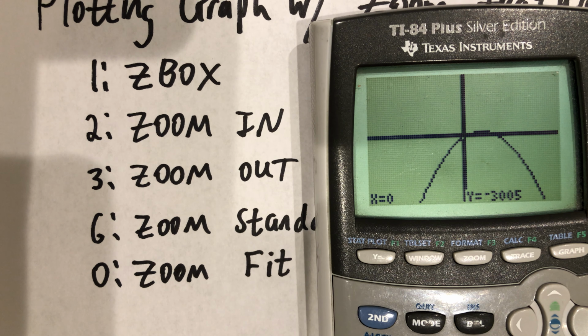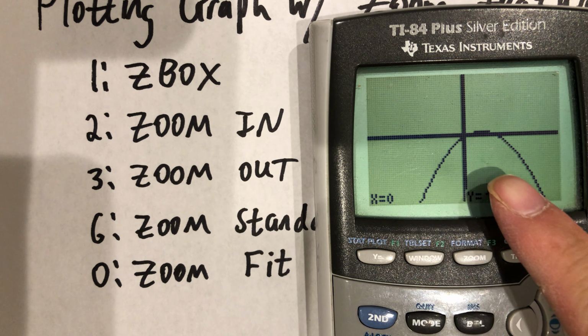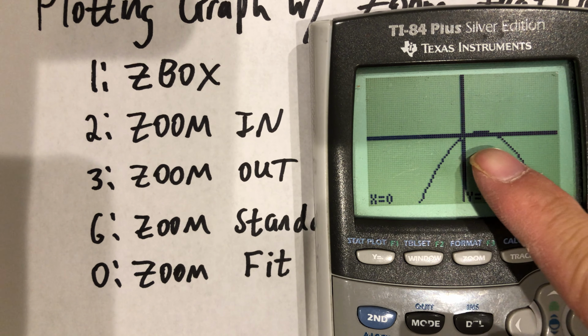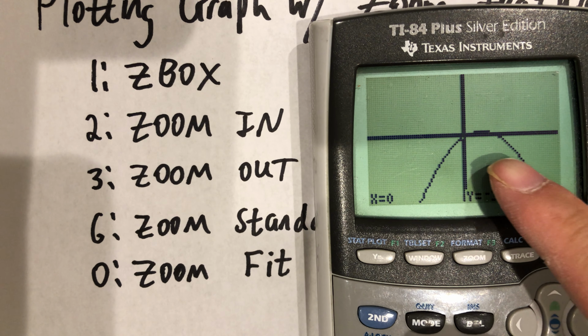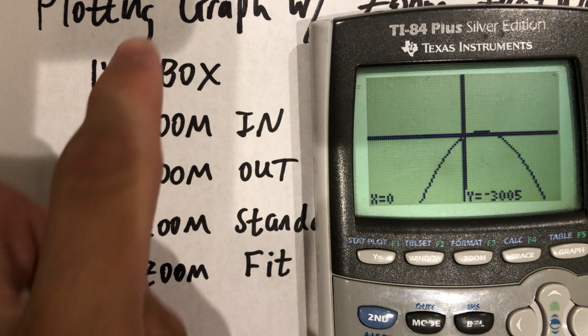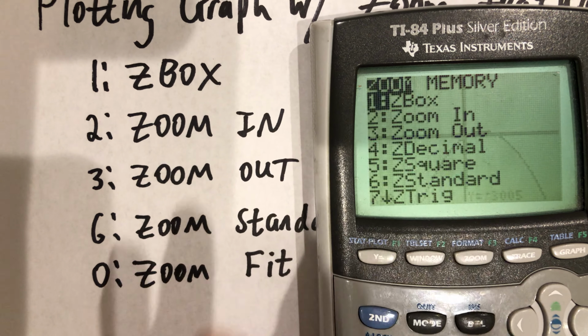But the problem now is it's kind of tricky to see spacing or see where the max or even where these intercepts are. So I am going to do something called zoom box, which is what we have right here, zoom 1.